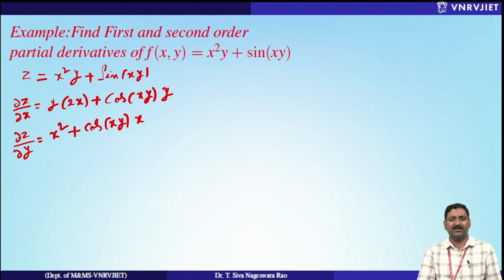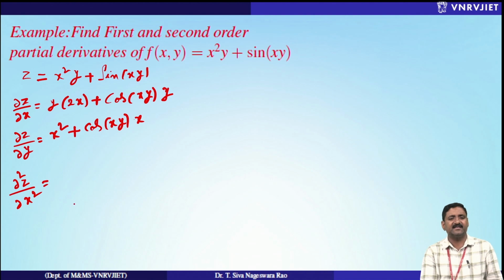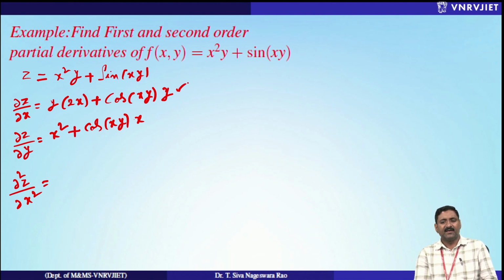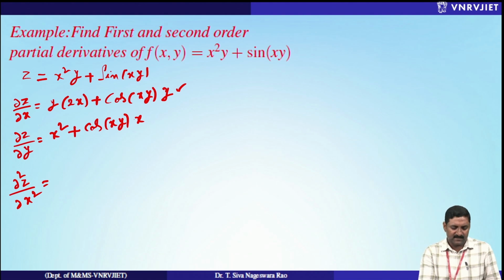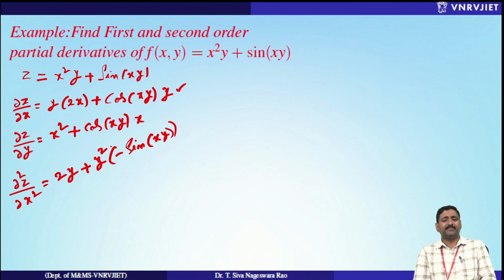Next I am going to find the second order partial derivatives, that is del square z by del x square. Del square z by del x square is one more partial derivative of del z by del x with respect to x. So it becomes 2y plus y into minus sine of xy multiplied with y. So y multiplied with y becomes y square. This is del square z by del x square.